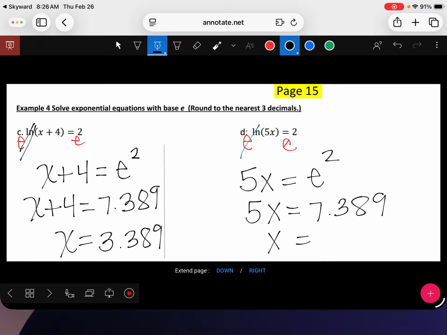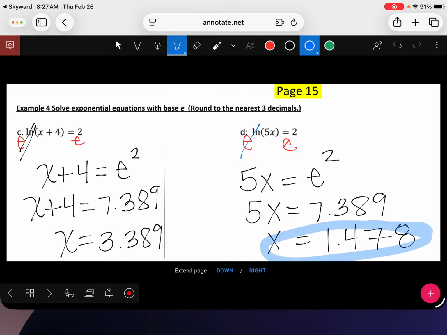So I got approximately 1.478. All right, who had that answer for question B?